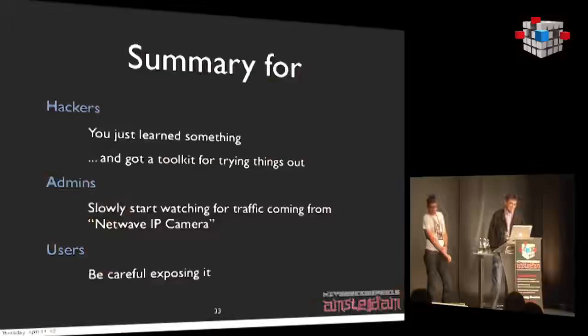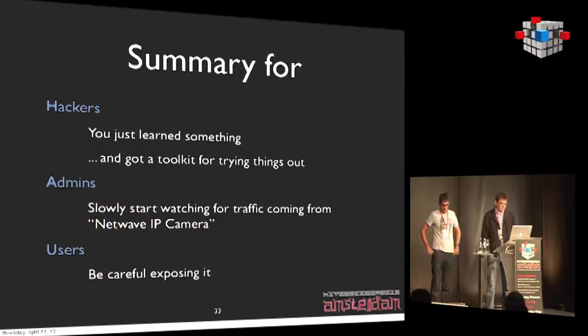The summary is just this. For hackers, you just got another tool to play with on a camera you own or somebody else owns. And for admins, I would start looking at the NetWave IP camera header, because I think there would be a lot of traffic coming from them.